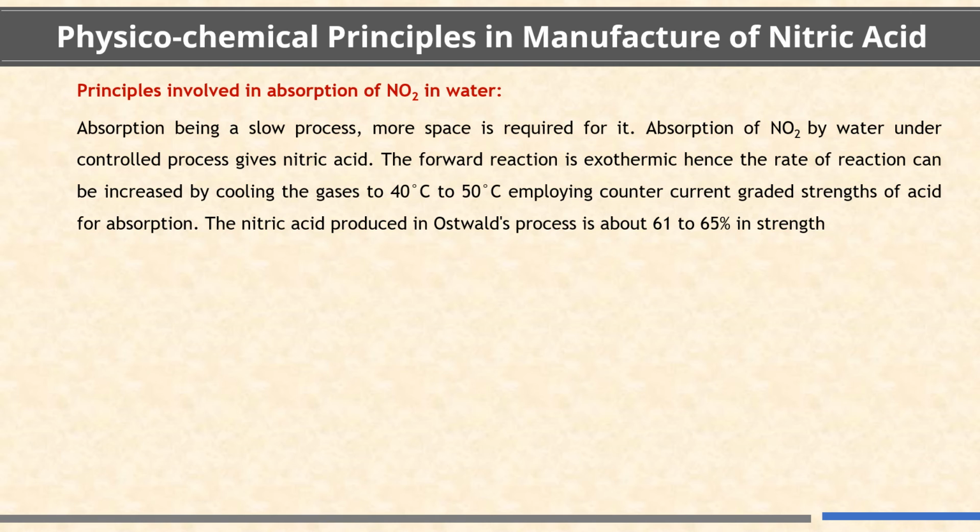The forward reaction is exothermic, hence the rate of reaction can be increased by cooling the gases to 40 to 50 degrees Celsius, employing counter current graded strength of acid for absorption. The nitric acid produced in the Ostwald process is about 61 to 65% in strength.